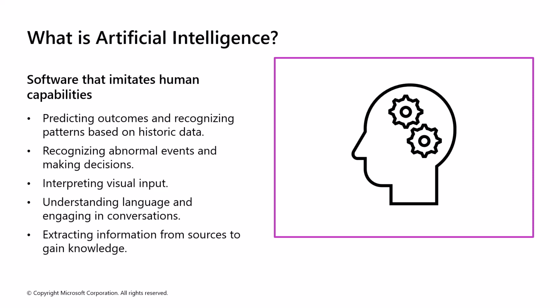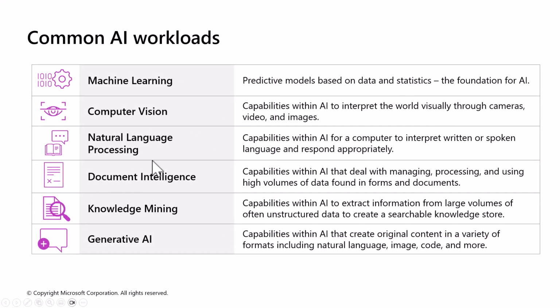There are a lot of workloads around AI itself. Some of the common workloads in AI: we'll talk about machine learning, which is the foundation of an AI system and is a way we teach a computer model to make predictions and draw conclusions from data.